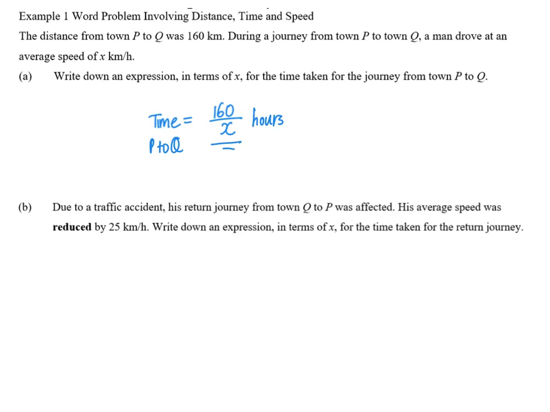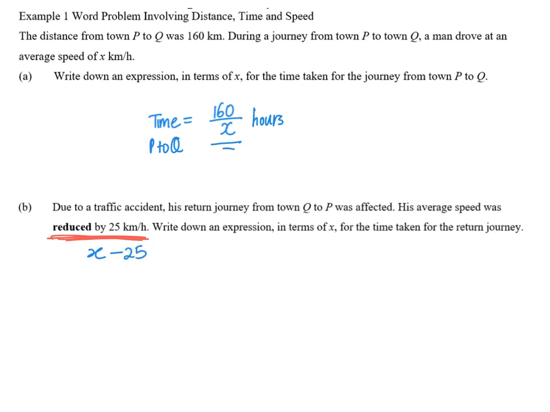Due to a traffic accident, his return journey from Q to P was affected. The speed was reduced by 25. What do you mean by reduced? Reduced from which speed? What is his original speed? Oh, the original speed is x. Now we're going to reduce it by 25, so it will become x minus 25.